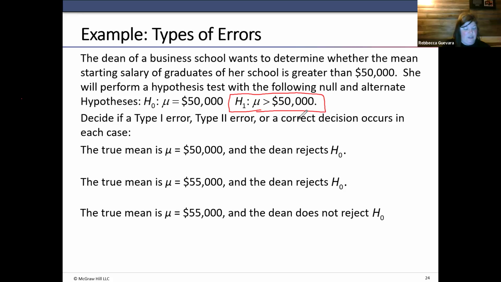All right, so our situation is this. We know that the true mean is really 50,000. That is what is really happening, but the dean rejects it. So we have the null hypothesis is true, and we reject the null hypothesis.